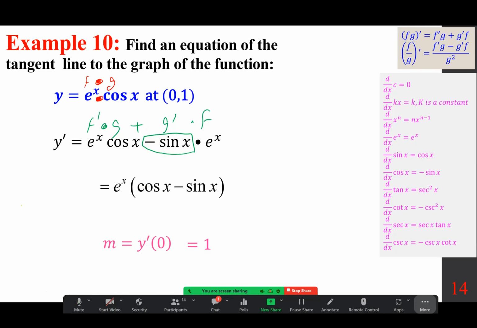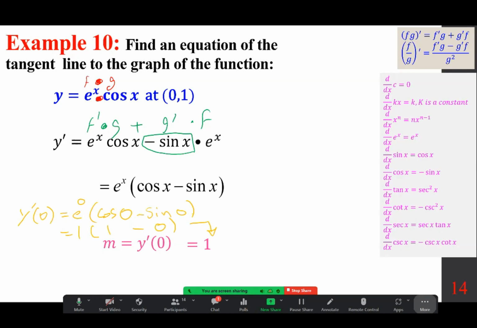So y prime of 0 is e to the power of 0 times cosine of 0 minus sine of 0. And as you know, this is 1, this is 1, this is 0, and so the answer is 1.